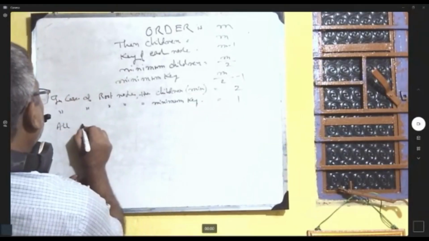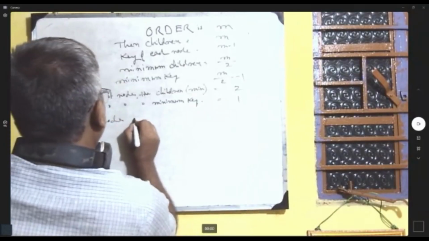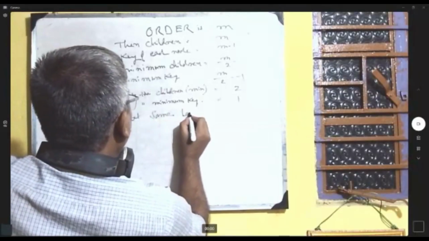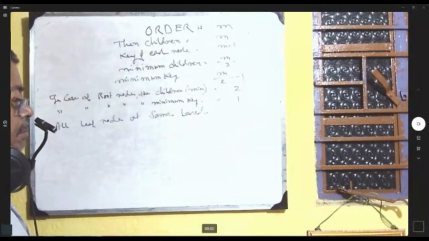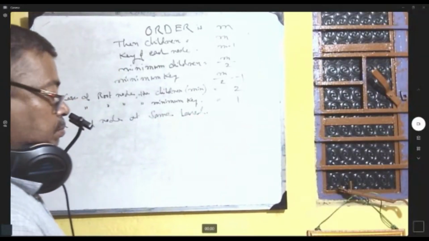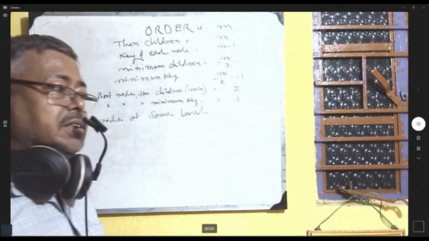All leaf nodes are at the same level. So these are the minimum rules of the B-tree, which are required to form a B-tree, and are required for insertion and deletion of the B-tree.